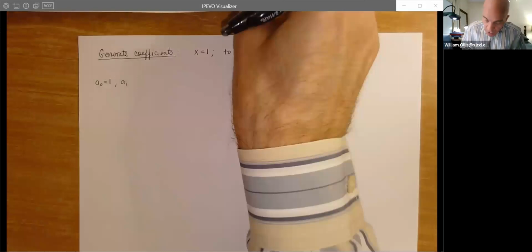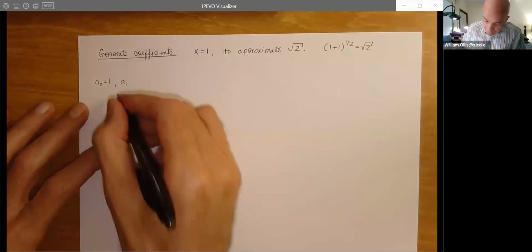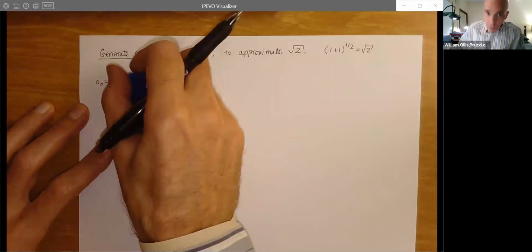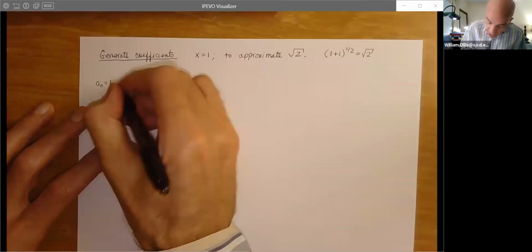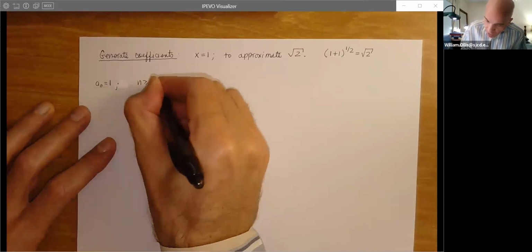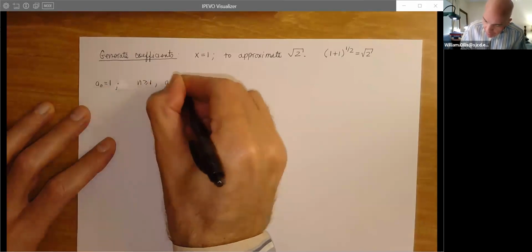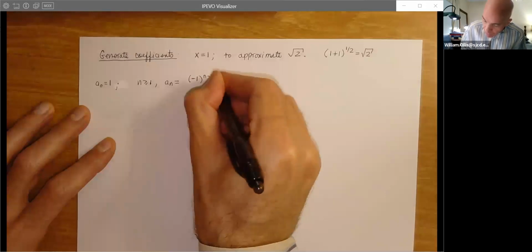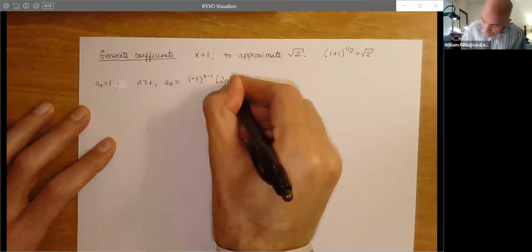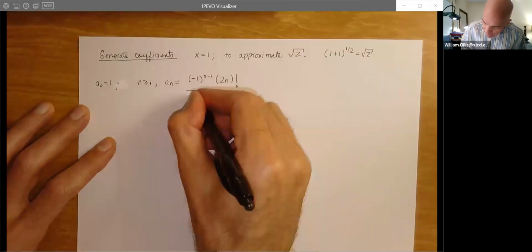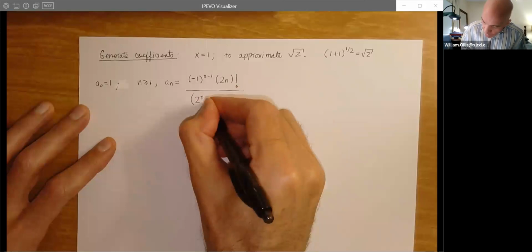We'll just go ahead and use this. So we get this for free. So let me write this so you can see it. And then for n greater than or equal to 1, we'll have a sub n. I'll just repeat this from the previous page of notes. 2n factorial.